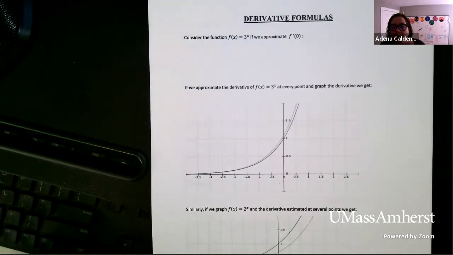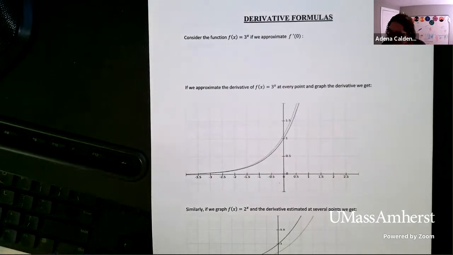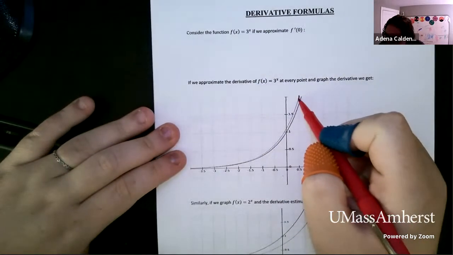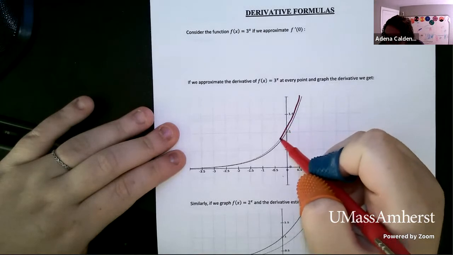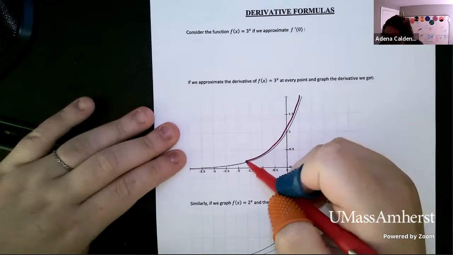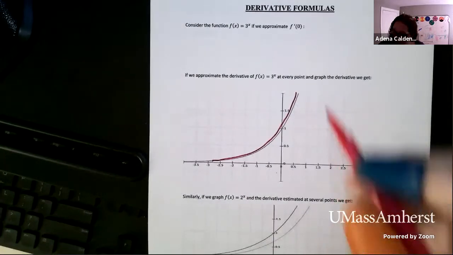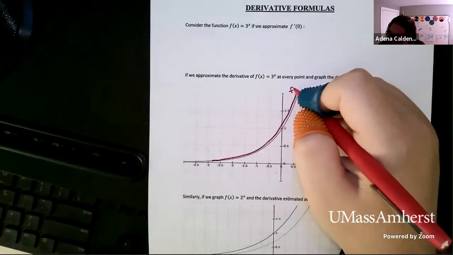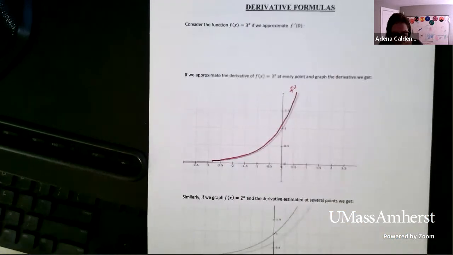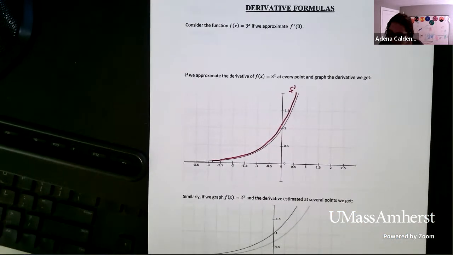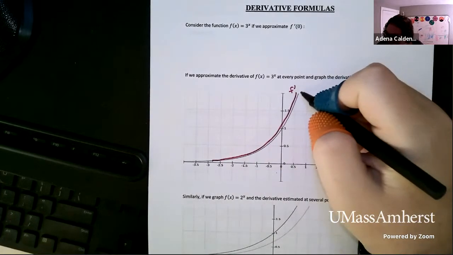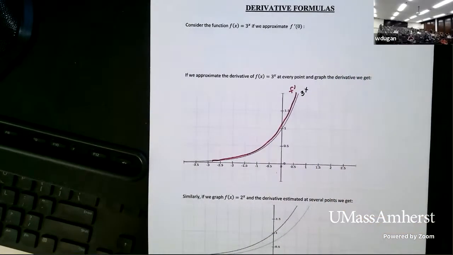And if we were to plot all of those points on the same graph as the function, we would get something that looks like this. So this is the derivative of 3 to the x, and this black one is the 3 to the x.